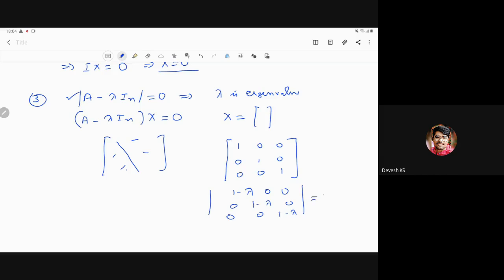If you solve this determinant, it is simply the product of diagonal entries, that is (1 minus lambda) power 3. (1 minus lambda) power 3 equal to 0. This gives you 3 repeated values, 1, 1, 1.